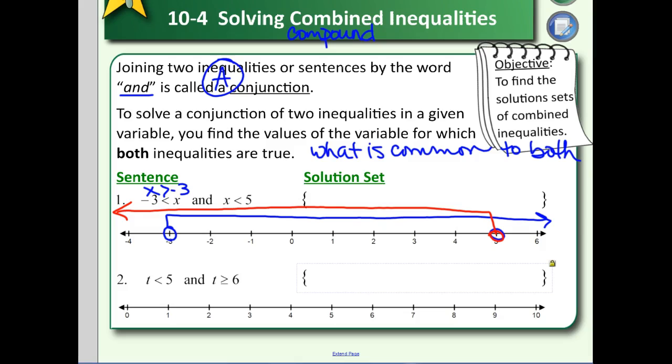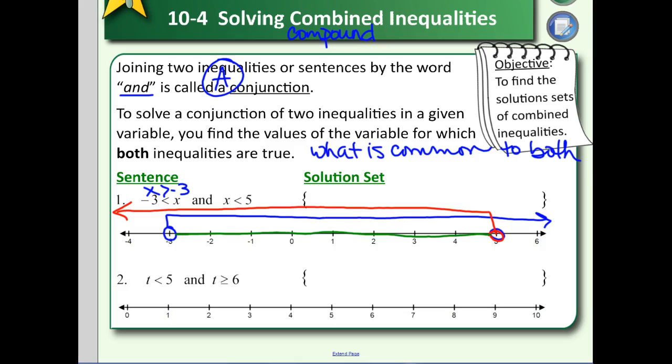Now, some of my students have said it's a collision. Some of my students said, "Oh, Mrs. Burton, that looks like a bus." But whenever we get done graphing a conjunction, we're going to get a line segment. So the answer would be the green line, or we could just put the connection between the two, and we'll see some more of those as we go.